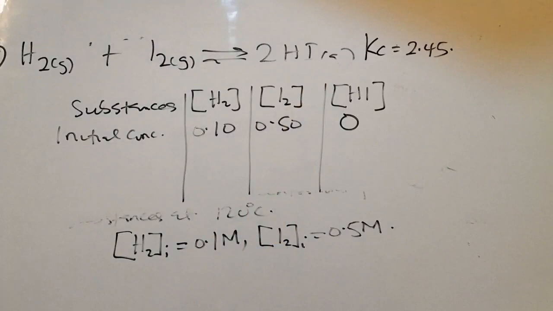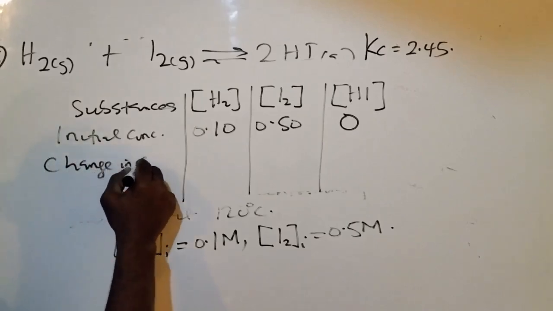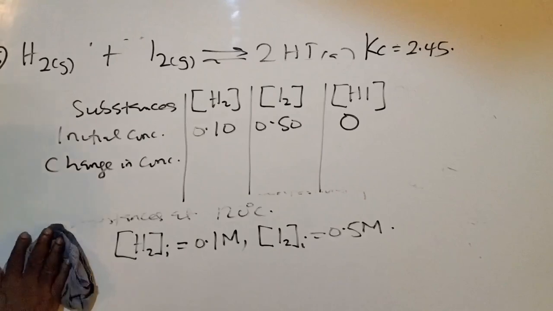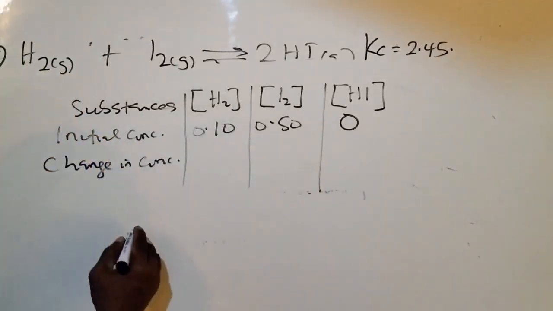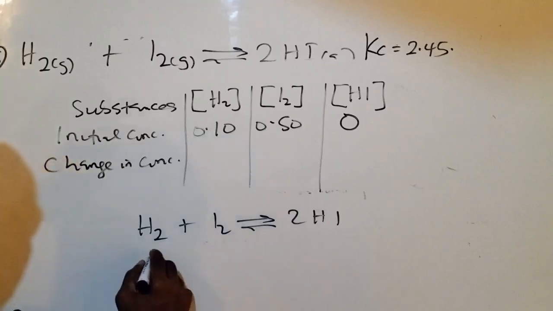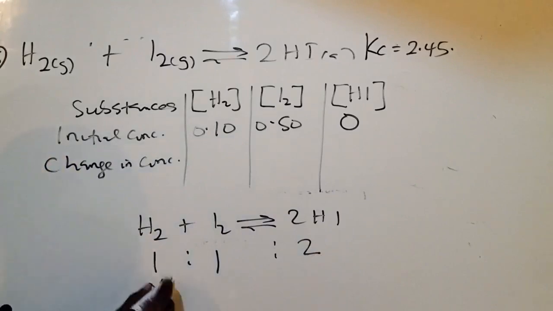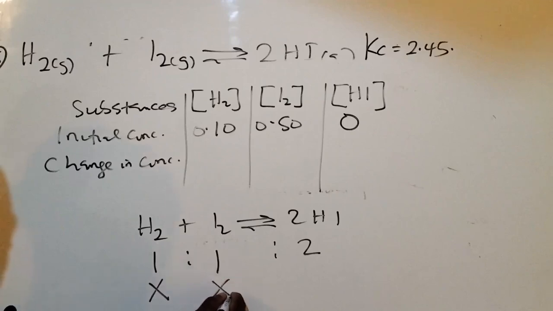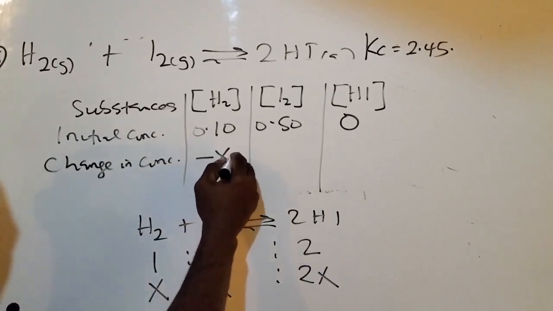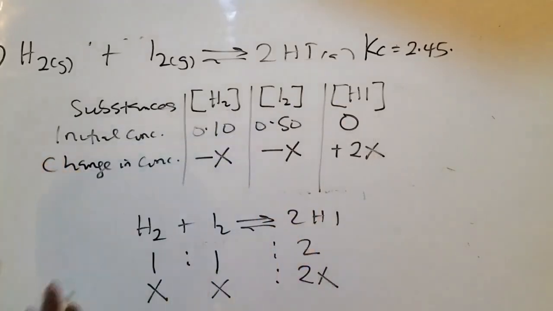Having done that, we now write the change in concentration. Let's refer to the balanced equation. You have to understand the relationship between the stoichiometric coefficients. So the ratio is 1 mole to 1 mole to 2 moles. If S moles of hydrogen reacted, S moles of iodine will also react, while 2S moles of hydrogen iodide will be produced. So S moles removed from this, S moles removed from that, and 2S moles produced on this other side.